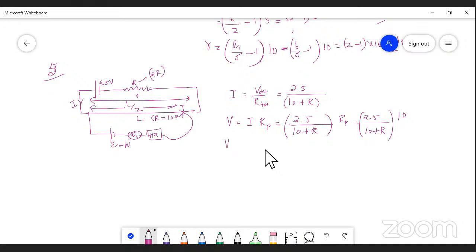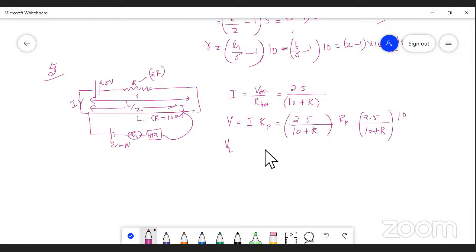Now the potential gradient. If the total potential across the potentiometer wire is divided by the total length of the wire, we get the potential difference across 1 meter. If a potentiometer wire is of length 10 meter, we calculate the potential difference across the length of 1 meter.